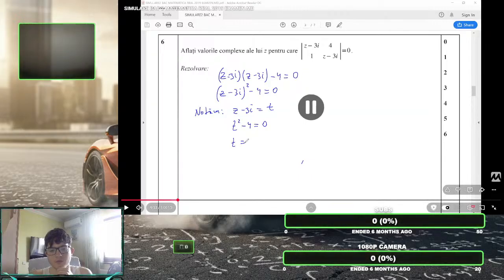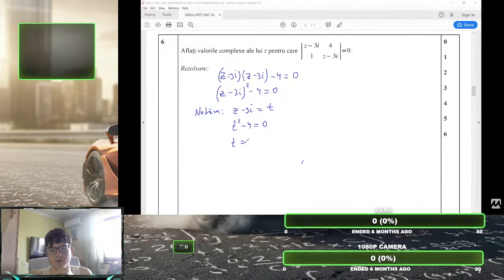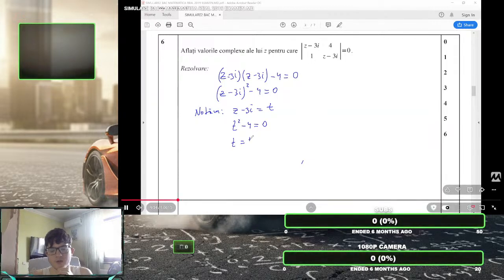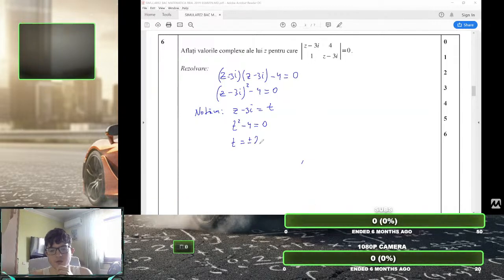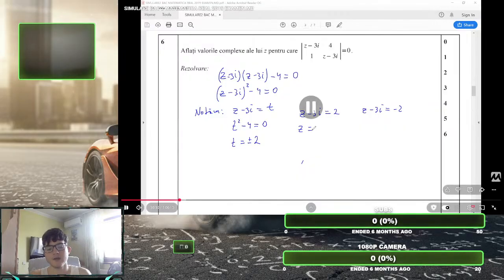Or no, t not up front. t is going to be 4. t to the second power is going to be plus minus 2, right? Because power of 2, 4, right? So z minus 3i is equal to 2, and z minus 3i is equal to minus 2. But 2 cases, hold up.